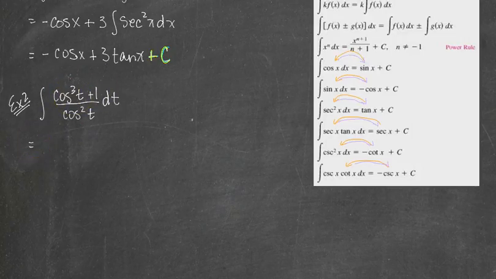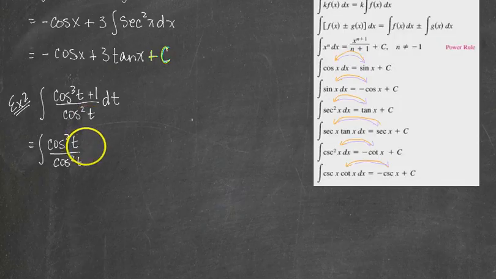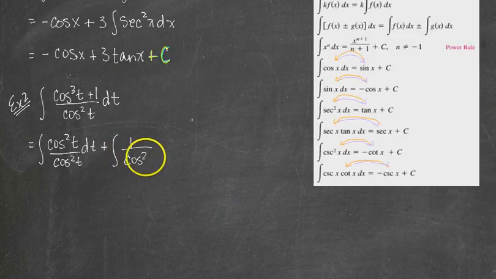And so just like when we were working with the polynomial, we can rewrite this as cos squared t over cos squared t. That's kind of nice. It's just going to be the integral of 1 dt plus the antiderivative of 1 over cos squared t dt.